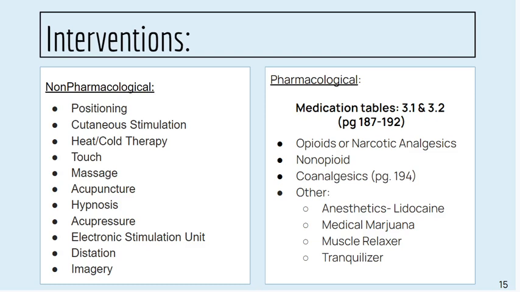For example, like NSAIDs or ibuprofen, we want to make sure maybe they eat with those so we don't have irritation on our stomach lining. With Tylenol products, we don't want more than 4 grams of acetaminophen per 24 hours. So we often have to tell those patients, if they're taking Tylenol on a regular basis, to read the labels of any over-the-counter medication.